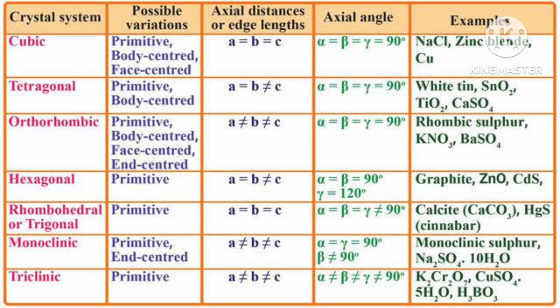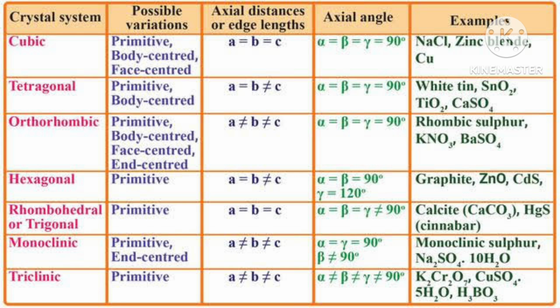Then the total possible structures are 14. But the crystal systems are only 7. Within those 7, cubic 3, tetragonal 2, orthorhombic 4, hexagonal 1, rhombohedral or trigonal 1, monoclinic 2, triclinic 1. Total 14. Okay, this question is asked.